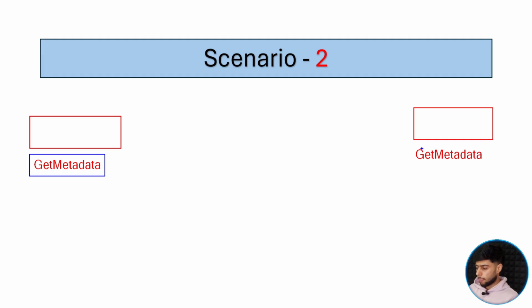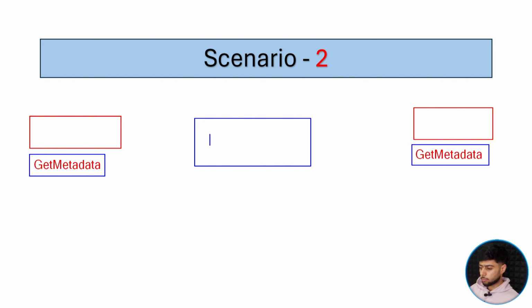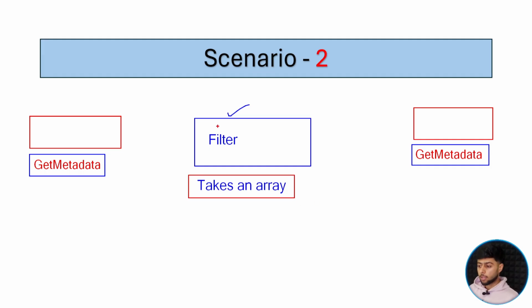Then I will simply use something called a filter. The filter activity is basically, as the name suggests, it takes an array, similar to a loop. It takes an array, then we define a condition, and if that condition is true, it will filter that array based on the condition.